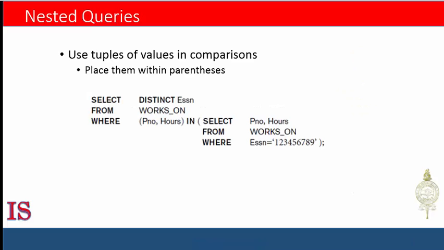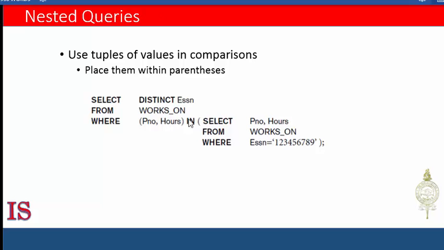SQL allows the use of tuples of values and comparisons by placing them in parentheses. This query will select the ESSNs of all employees who work the same project-hours combination on some projects that employee John Smith, whose social security number is 123456789, works on.